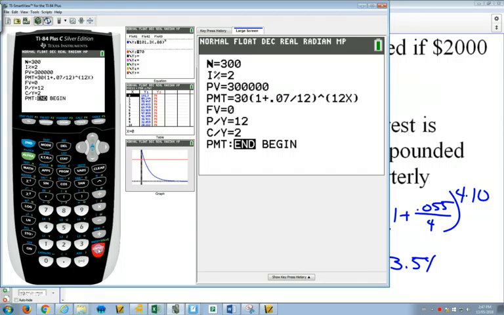Then you'd only pay $12.70 a month. And now it's under that. You still have to pay $80,000 of payments.